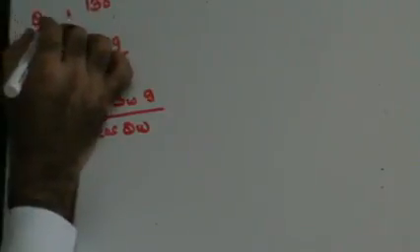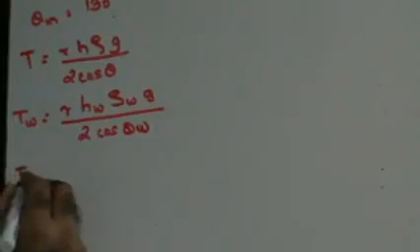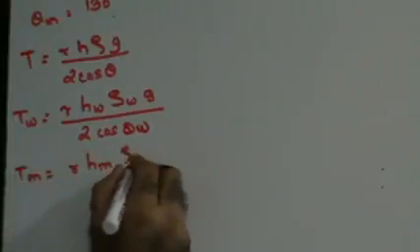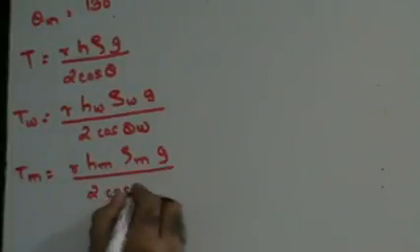This is the angle of contact, so this should be theta water and this is theta mercury. And surface tension for mercury is going to be r h mercury, density mercury, g upon 2 cos theta mercury.